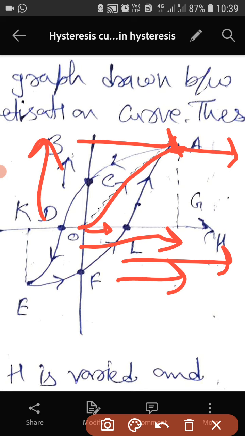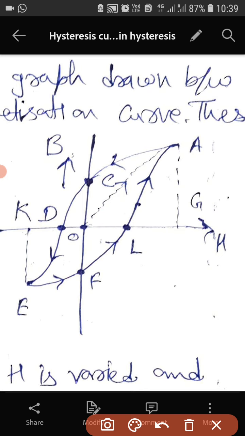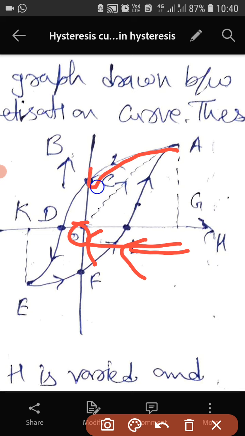Now start gradually decreasing the value of H from G to O. Now we are going in the reverse direction. At the point where we reach the origin, when H is 0, we observe that the value of B does not become 0.